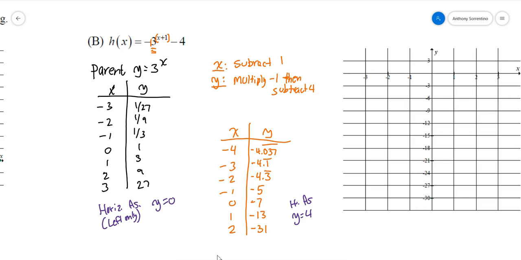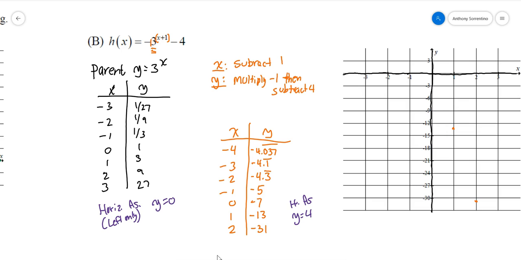So let me re-emphasize the axes a little bit better on this. And I'm going to plot these points. 2, -31. Let's say roughly is about here. 1, -13.